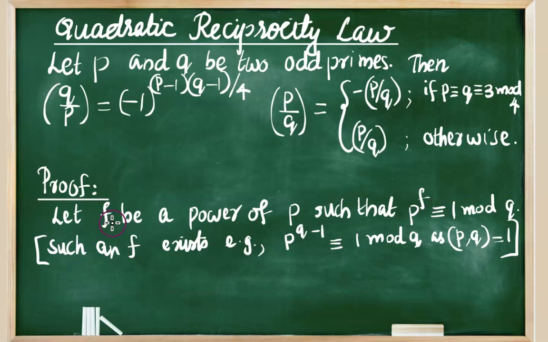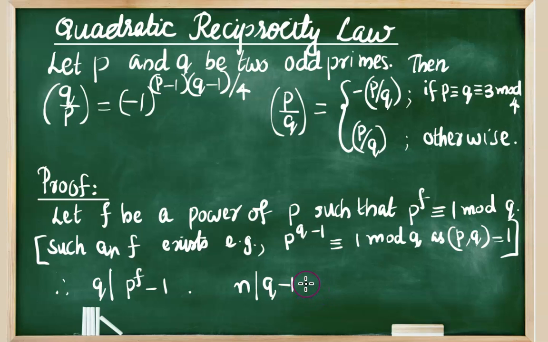We can choose f to be any integer which satisfies this relation, p raised to f congruent to 1 modulo q. Now, this relation implies that q divides the difference p raised to f minus 1. We can compare this divisibility relation to one we have seen already: n divides q minus 1.